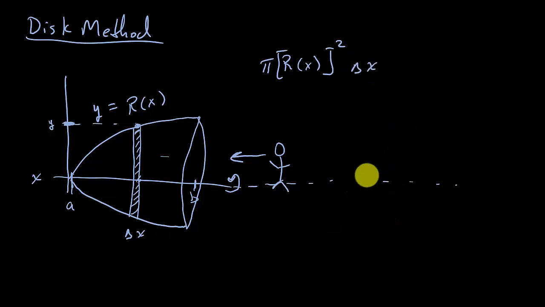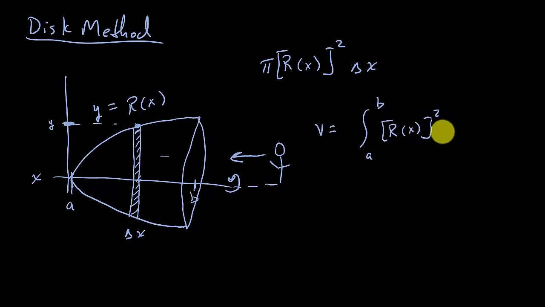Well, that's where the disk method comes in. So the disk method, the volume would equal the integral from a to b of pi times the radius squared times the thickness, dx.